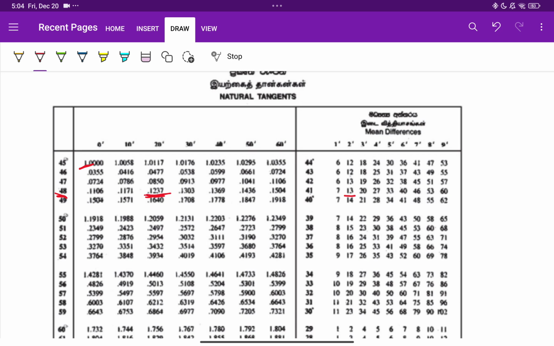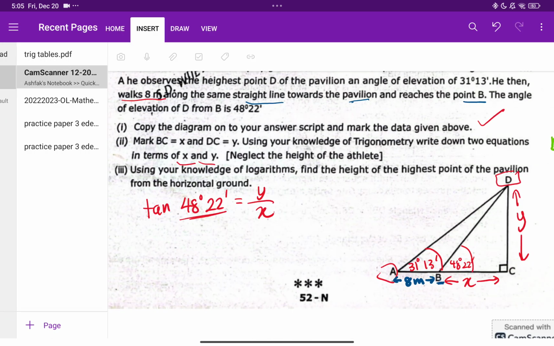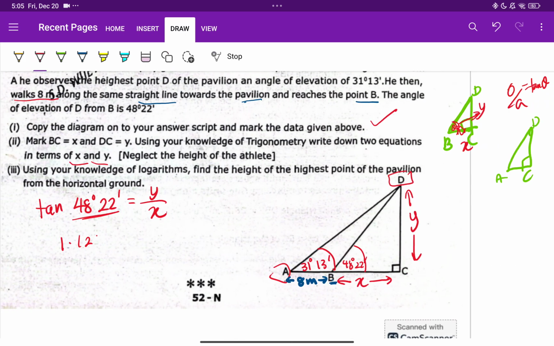We need 22 minutes, so we have to add 13: 1.1237 plus 13, so this would be 1.1250, right? So 1.125 is equal to Y by X, which means 1.125 X is equal to Y. This is our first equation.